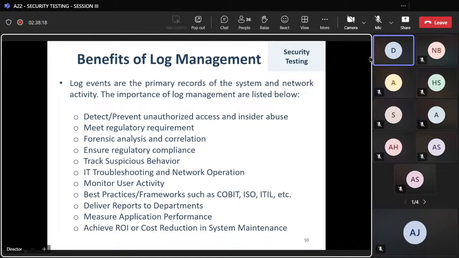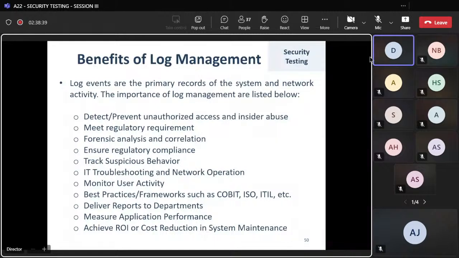It also helps you to correlate the various logs collected from multiple devices on the network, and to comply with the regulatory requirements and track the suspicious behavior of a particular user or suspicious activities on a particular server.